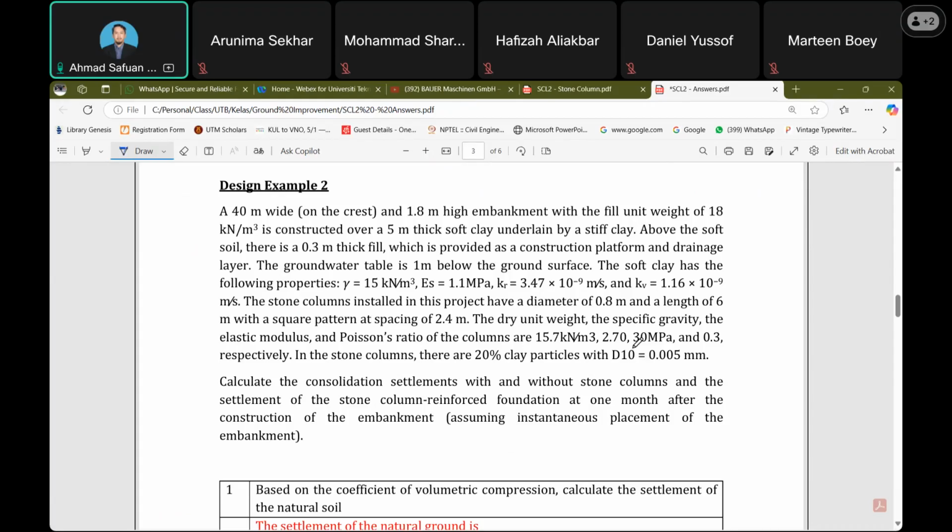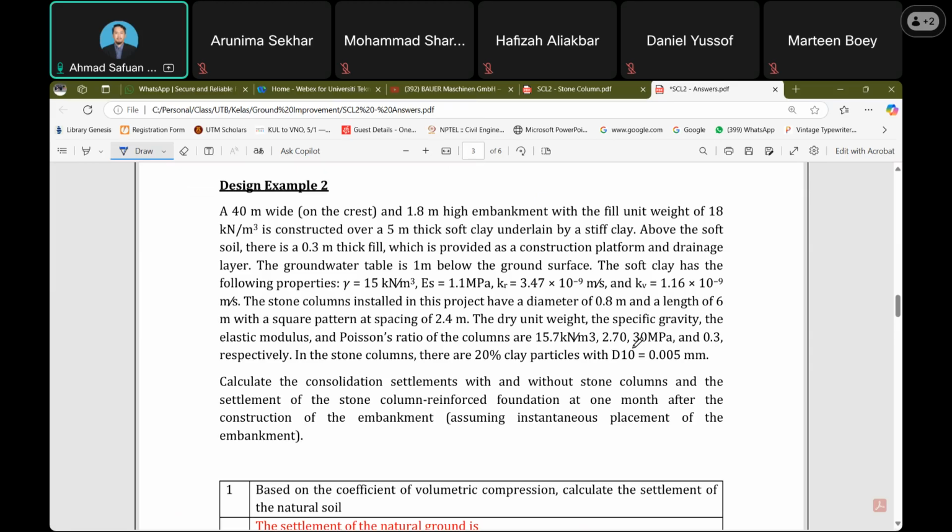It's constructed over 5 meters, because it is more than 3 times the thickness of the stiff clay layer. Above the soil layer, there is a 0.3 meter thick fill, which provides the construction platform and drainage layer. The groundwater table is 1 meter below the ground surface.